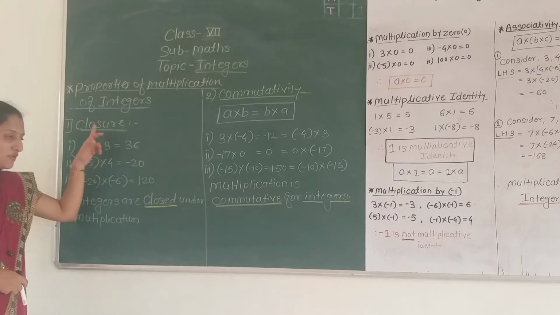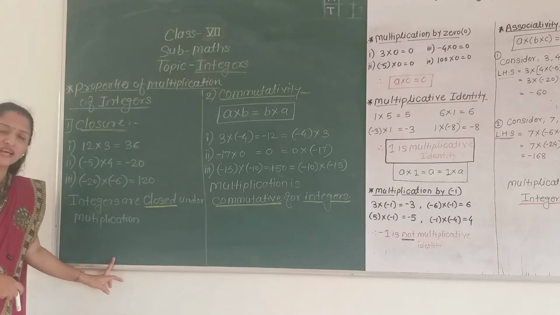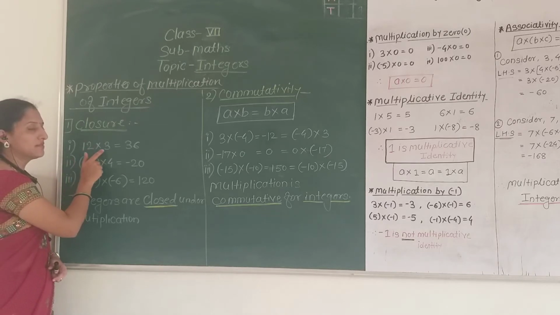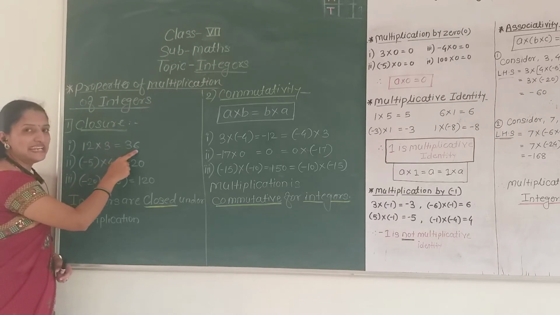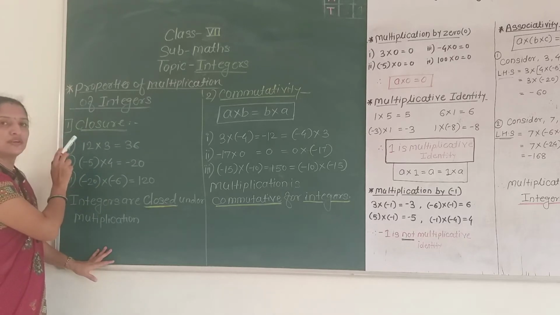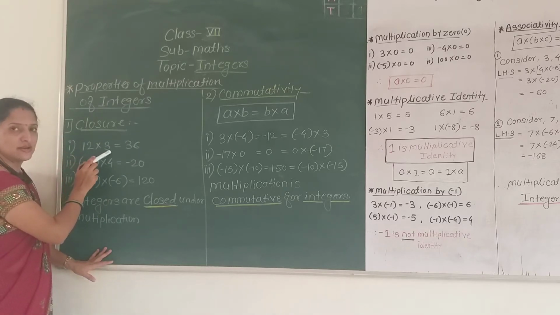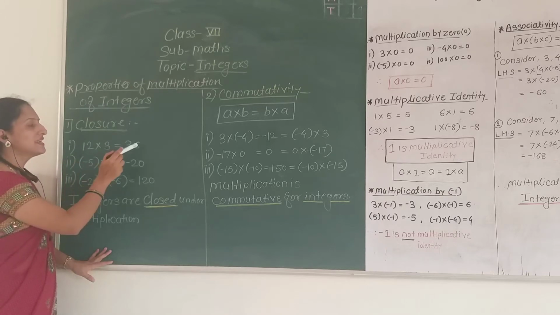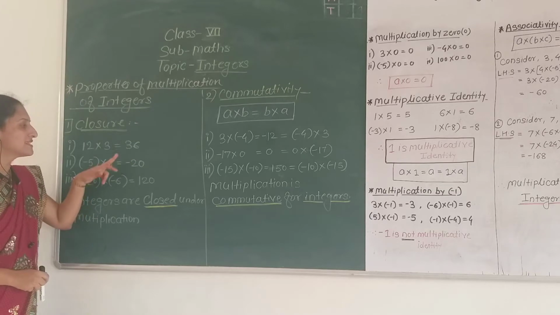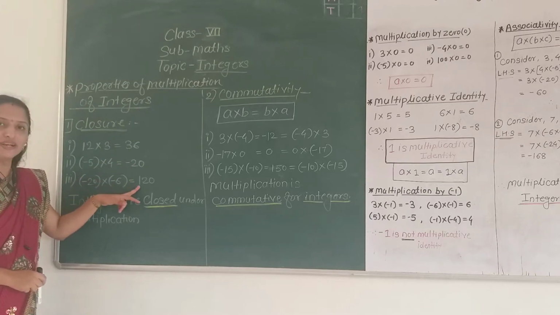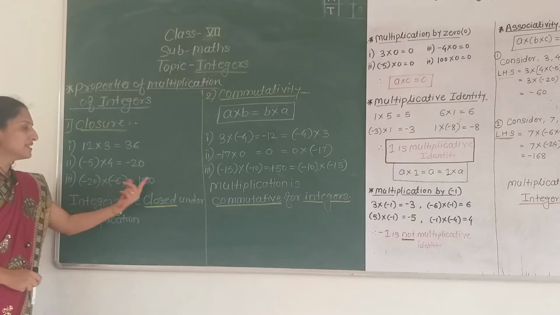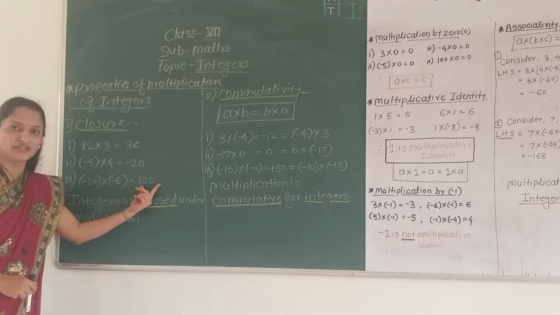No. So this shows that the product of two integers is again an integer. Here 36, negative 20, 120, all are integer numbers. So the product of two integers is also an integer.